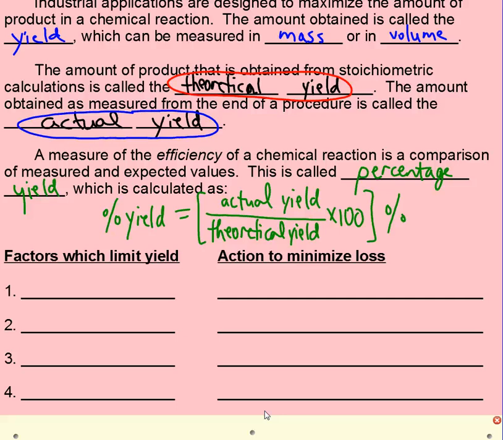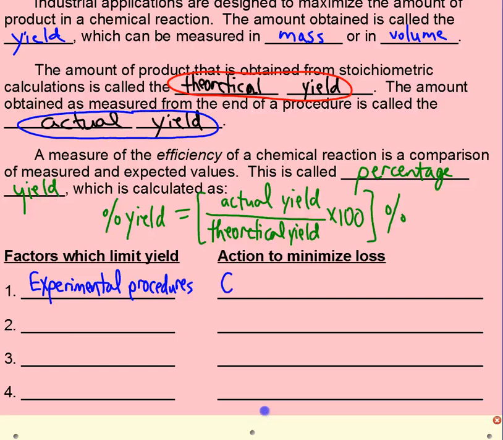All right, so that's one of the key factors which we want to consider: how is the experiment being done, what kind of equipment is being used, and anything where people are going to be handling the chemical or equipment is being used to pour or transfer. That's a major factor which can limit the yield. So experimental procedures. Actions that can be taken to minimize loss would be things such as obviously caution and care.